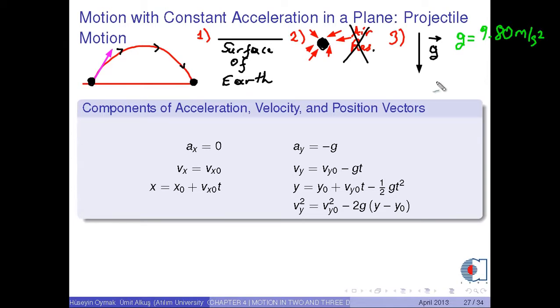Under these conditions, projectile motion takes place in a vertical plane. Throughout this chapter, we assume that the projectile motion will be on the vertical xy plane, with the x-axis being the horizontal direction and the y-axis being the vertical direction.